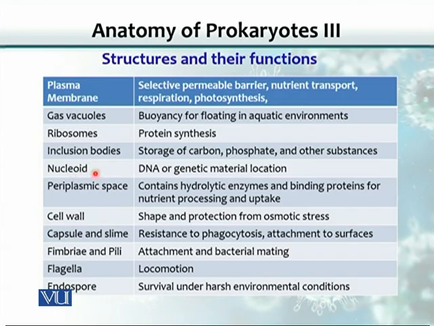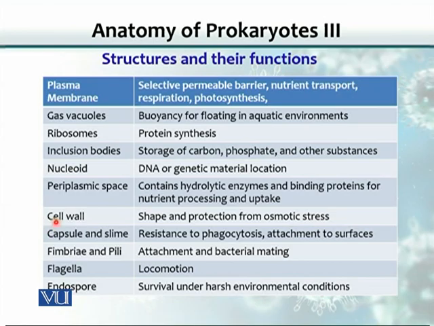Nucleoid is the area where DNA is located. It's genetic information. There's a space called the periplasmic space. This space is basically external to the cell membrane, and there's a lot of enzymatic activity going on in this region. It contains hydrolytic enzymes and binding proteins for nutrient processing and uptake.